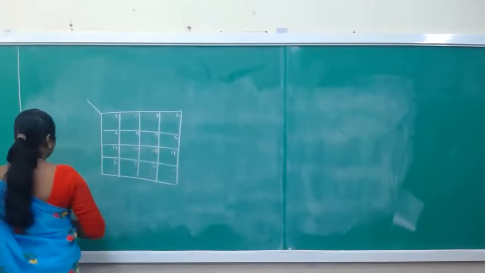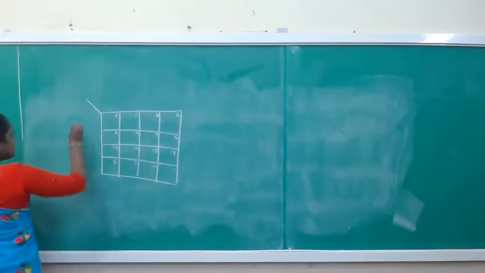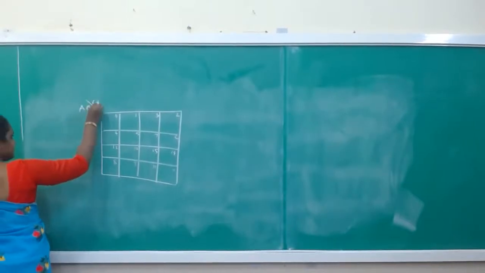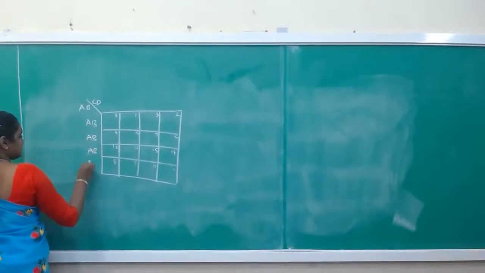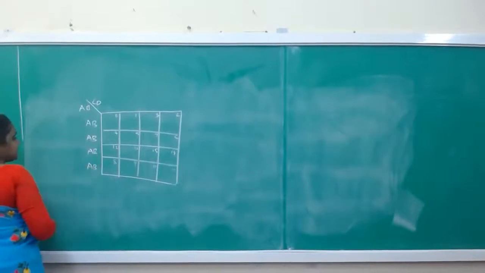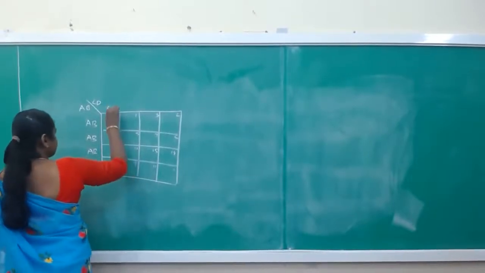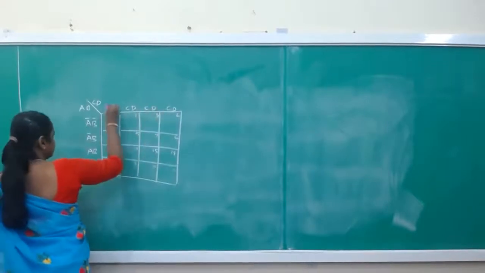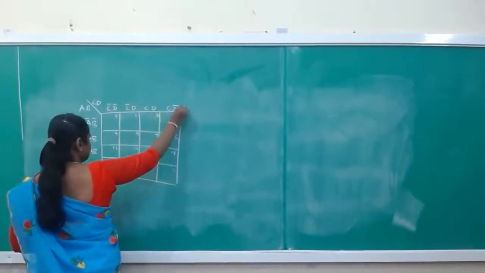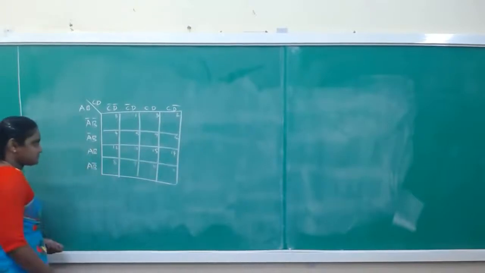So this is how you have to draw the layout. AB, CD, with the combinations 00, 01, 11, 10 along both axes. Okay.